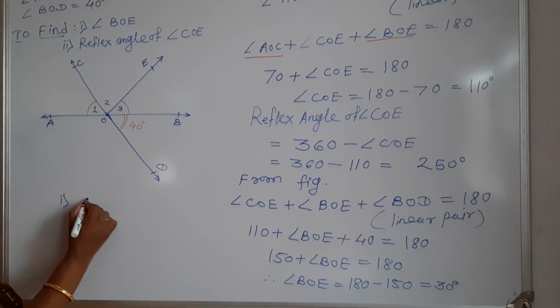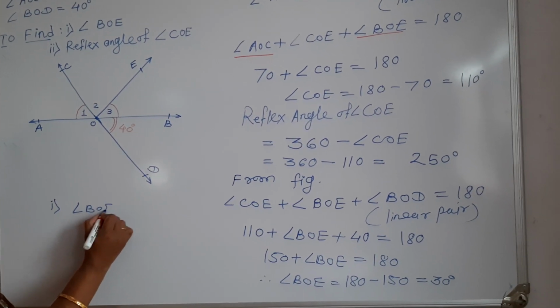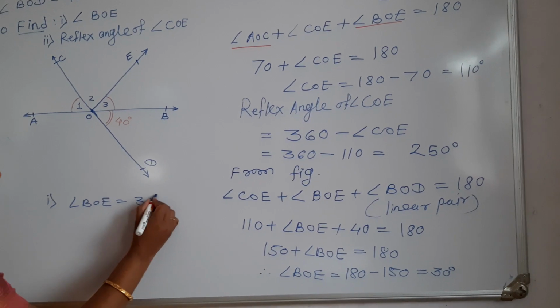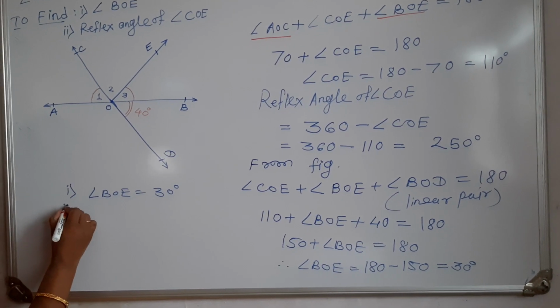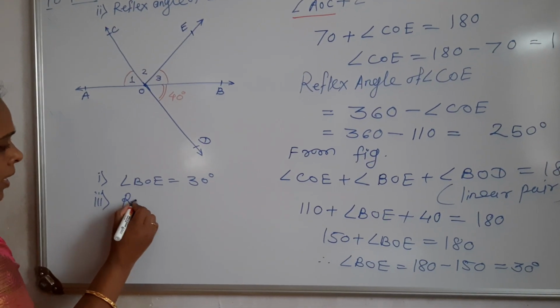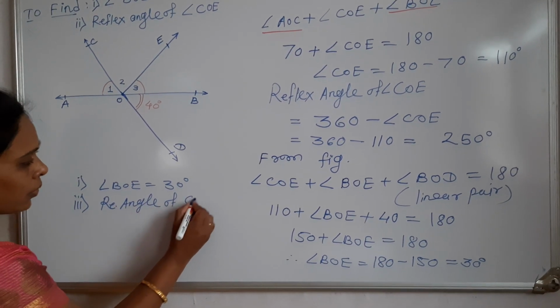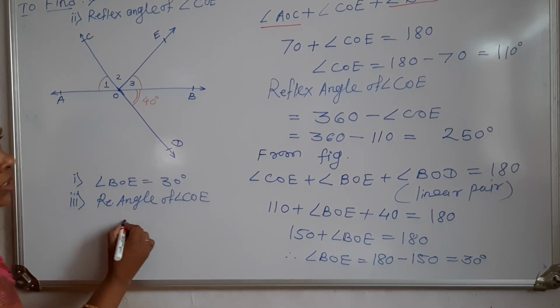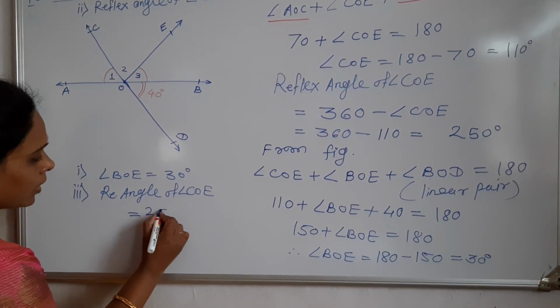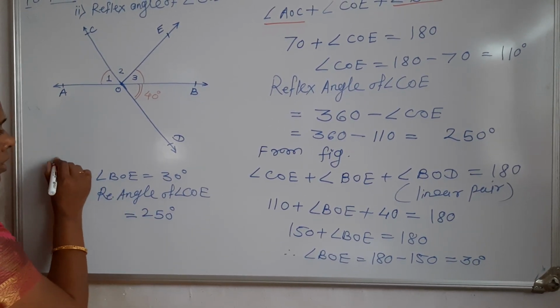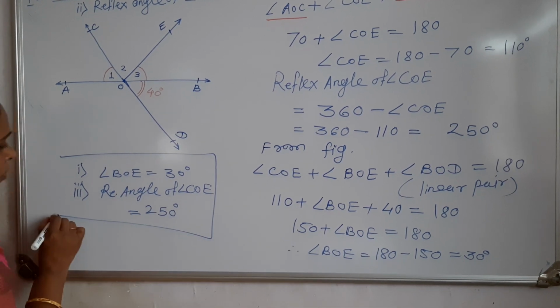First answer: angle BOE is equal to 30 degrees, and the second answer: the reflex angle of COE is equal to 250 degrees. These are your required answers for this question.